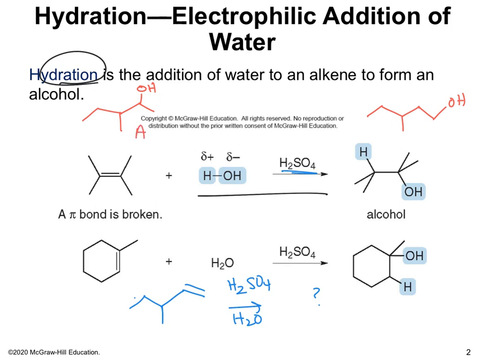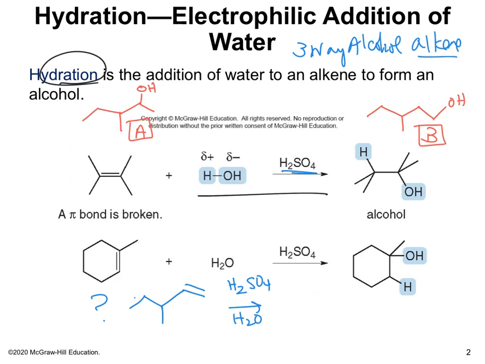Okay, so we're going to call this product A, and we're going to call this product B. The question I have for you, because we're going to talk about 3 ways to make an alcohol starting from an alkene: let's say we wanted to make this alcohol A, this alcohol B. Would this path make that alcohol?